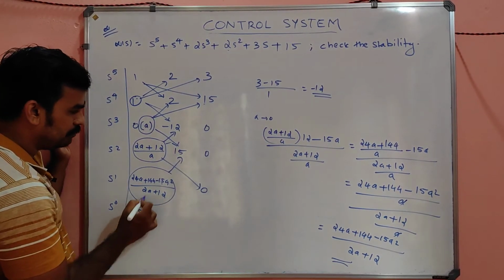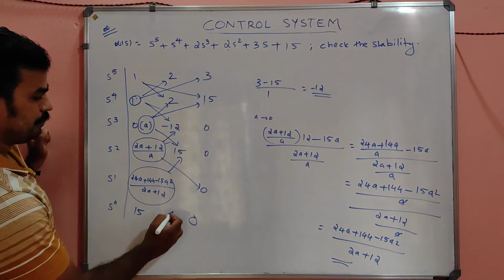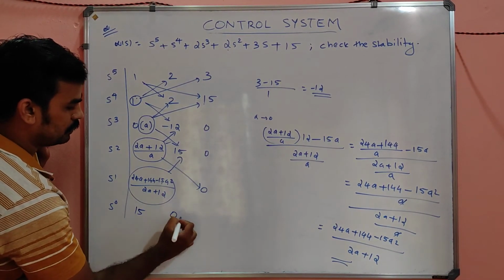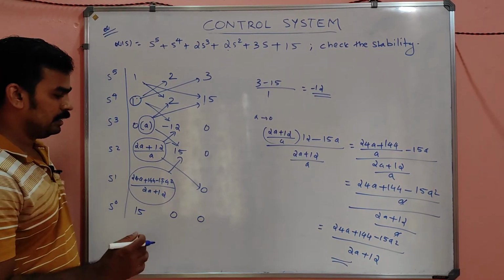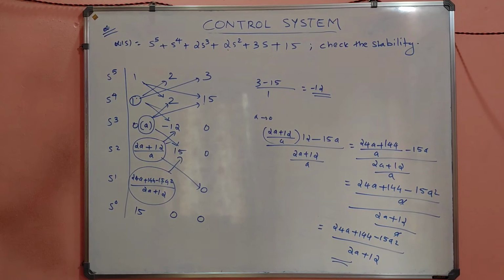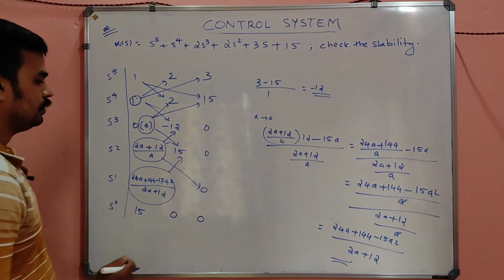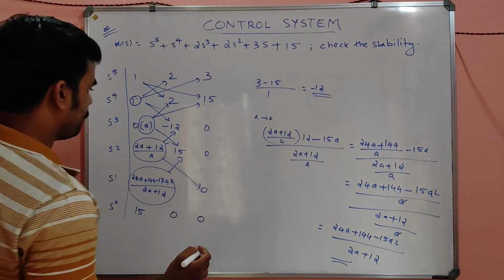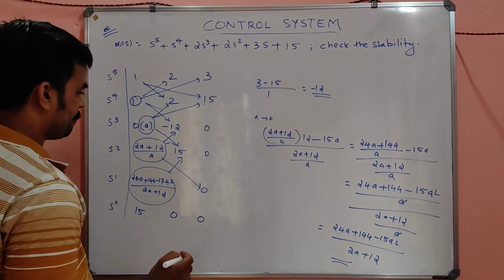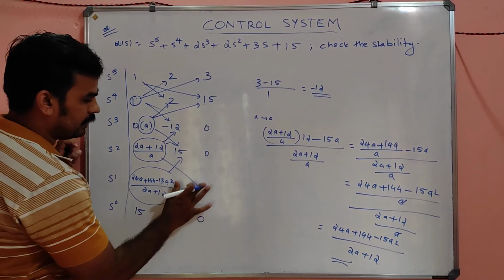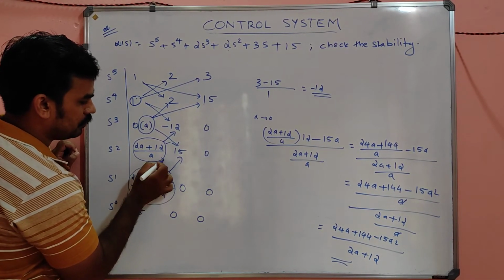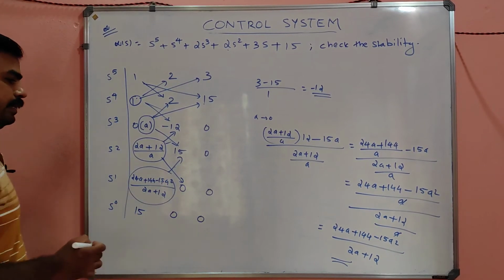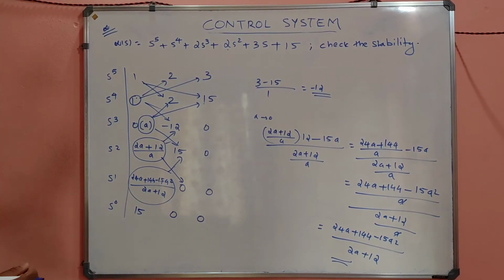So only 15 will be there, right? 15 and 0. Correct? Is it clear, my dears? And the second element will be now here 0. Okay, now the problem is solved, I think. Now the problem is solved, correct now? So what do you get finally?